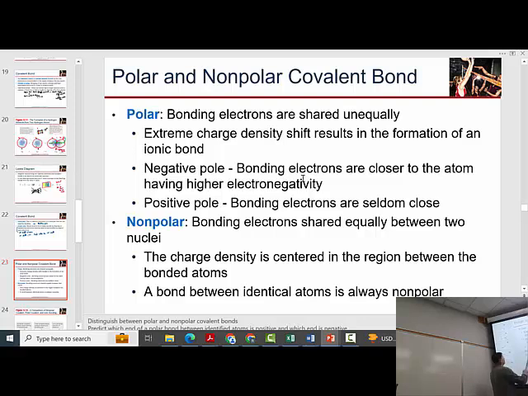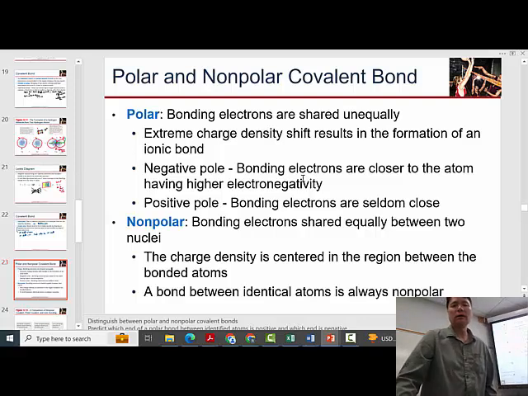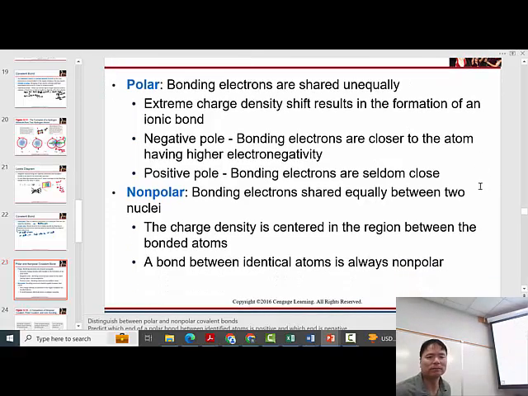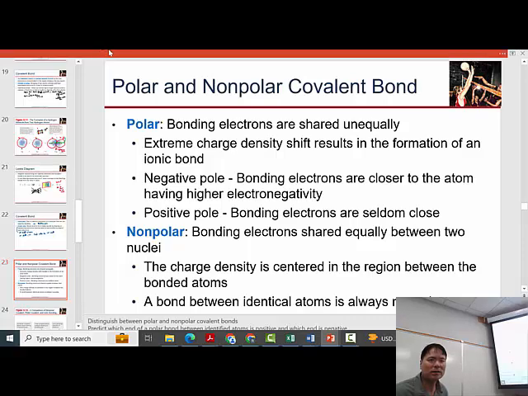However, in a polar covalent bond, you have a tug of war, but one of the opponents is stronger than the other, and so it's not a perfect tie. That is, one gets more. However, the other one's not a complete loser. Let's take a look at 3 scenarios here.